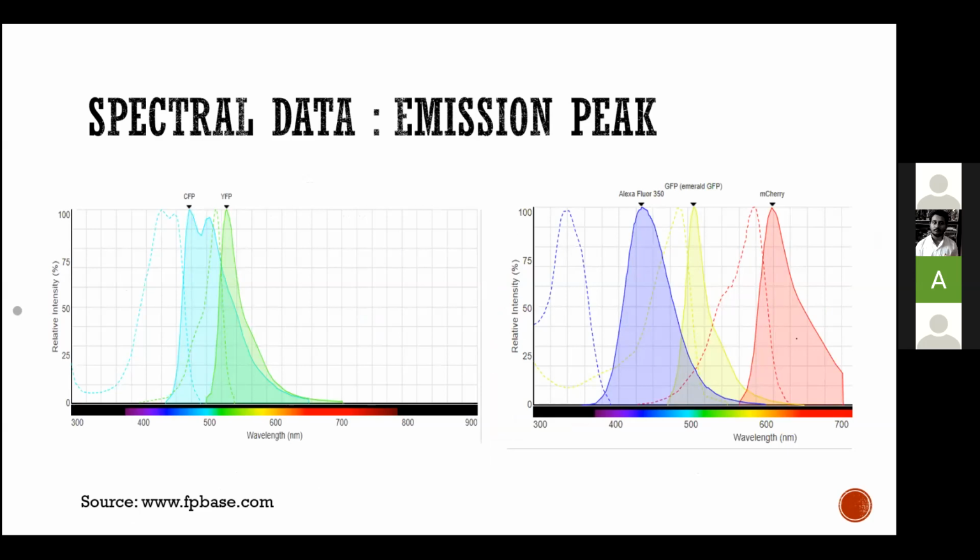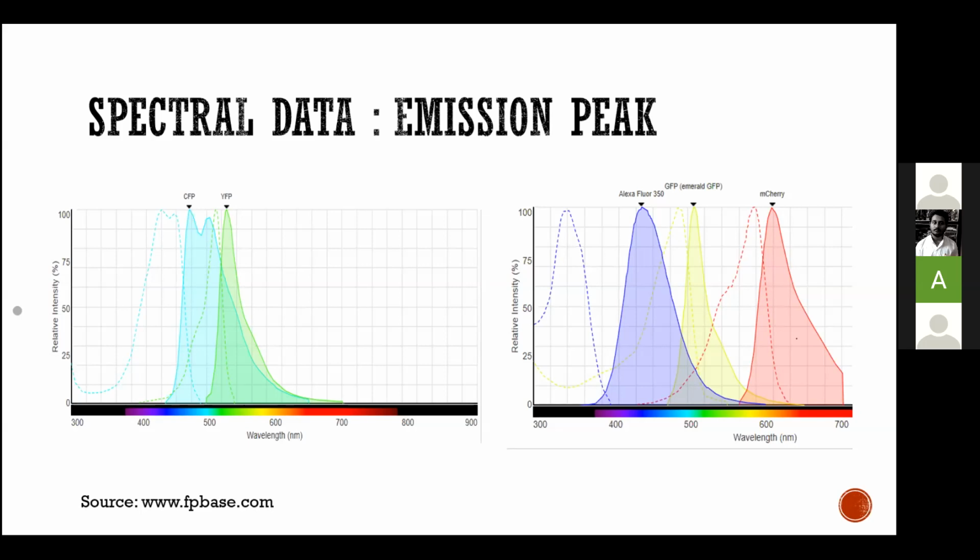CFP excites around this dotted line, and it emits at this position shown by the colored part, and you can see that the emission spectrum of CFP overlaps with the excitation of YFP. This was the reason FRET was happening.